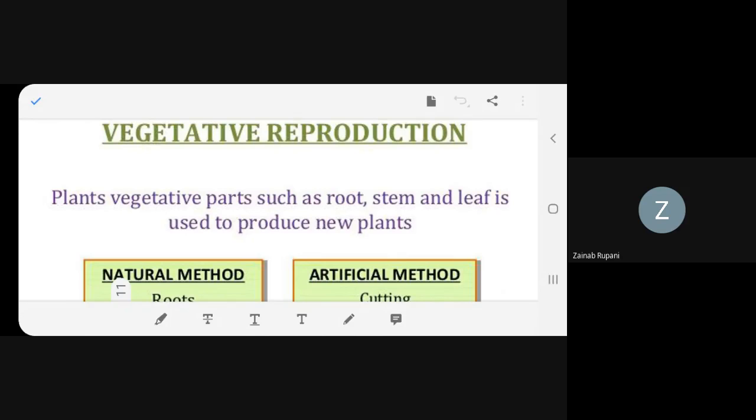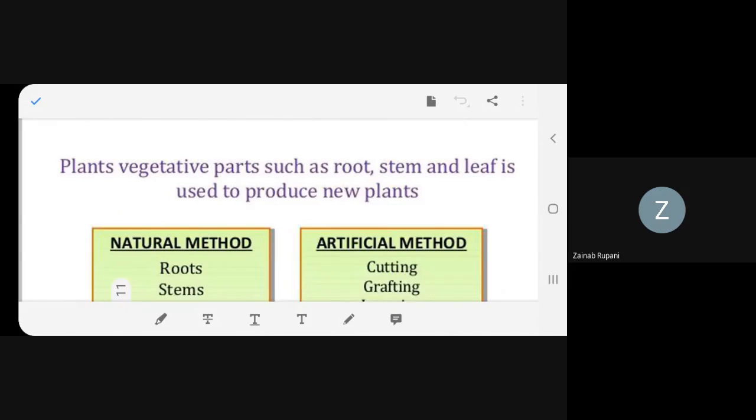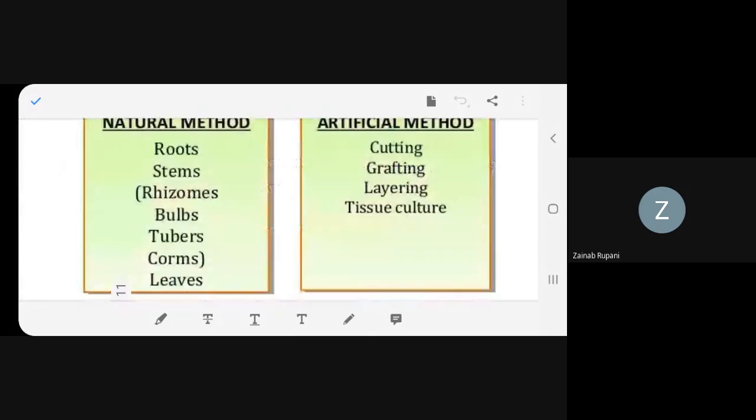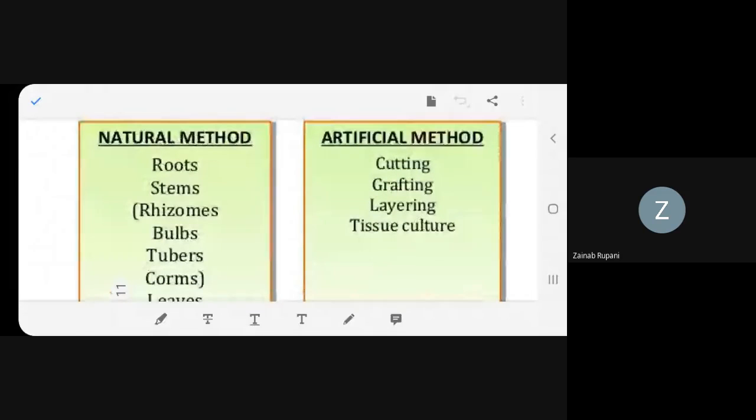Natural method: roots, stems, rhizomes, bulbs, tubers, corms, and leaves. And what are artificial methods? Artificial method: cutting, grafting, layering, tissue culture.